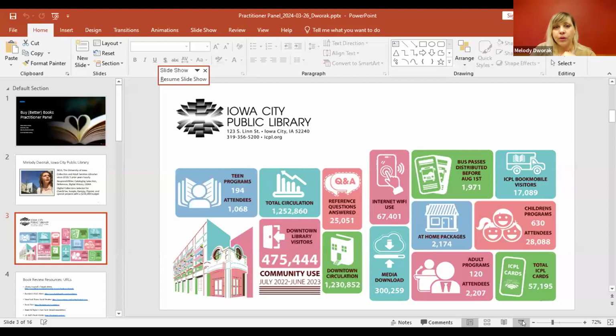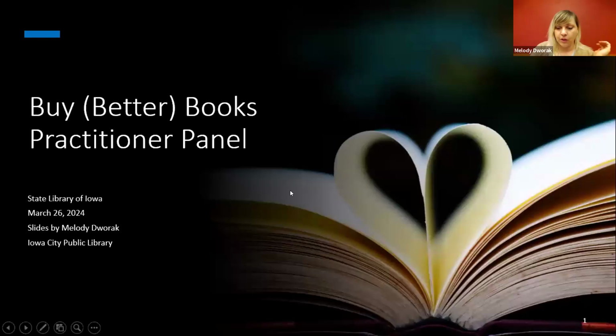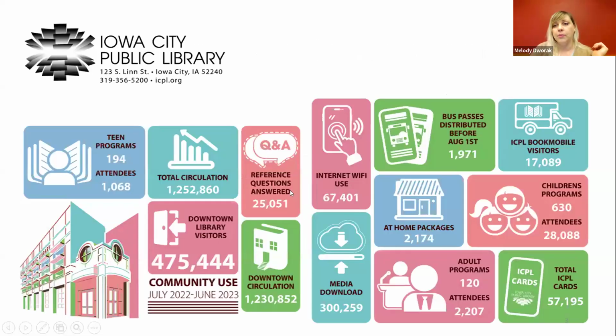All righty here. Let me pull up my screen for this. So I wanted to add extra context for sharing this information. I pulled this information from our website. It is the annual report visualized.